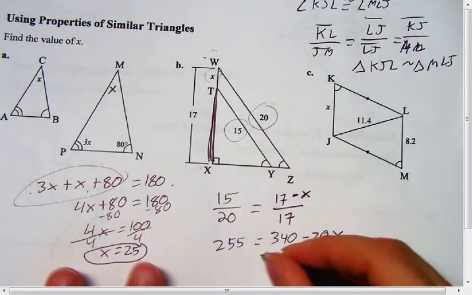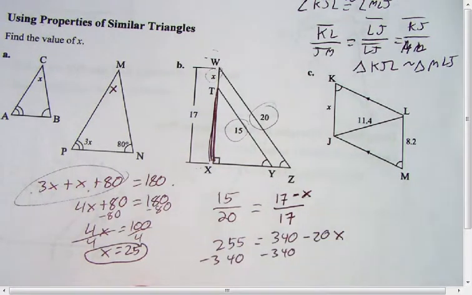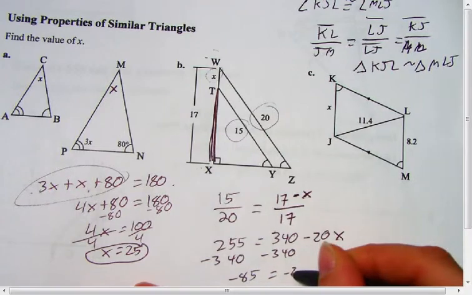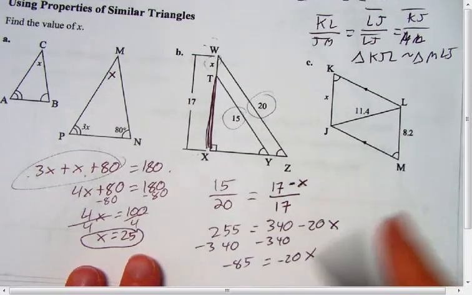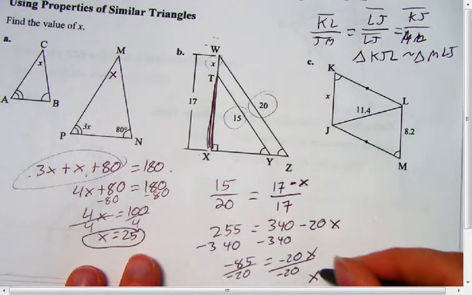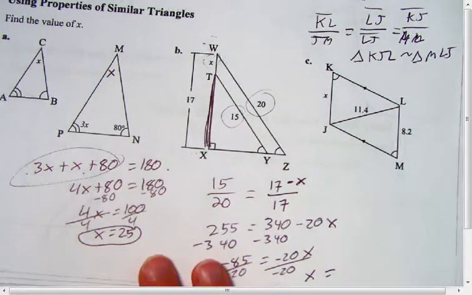I'm going to subtract 340 from both sides. Gives me negative 85 equals negative 20x. Now I divide by negative 20. Am I doing that too fast? Yeah? Sorry. What do we get, guys?